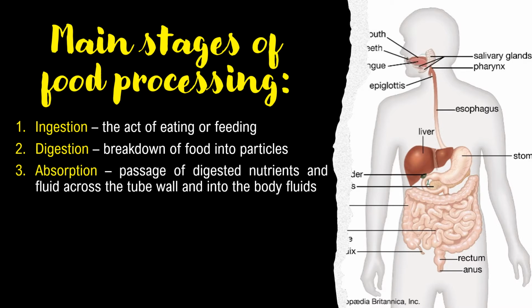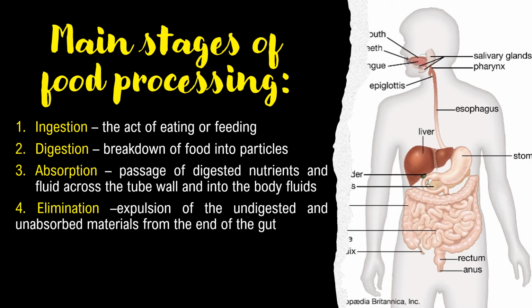Third is absorption, the passage of digested nutrients and fluid across the tube wall and into the body fluids. The cells take up small molecules such as amino acids and simple sugars. Fourth, elimination, which is the expulsion of the undigested and unabsorbed materials from the end of the gut.